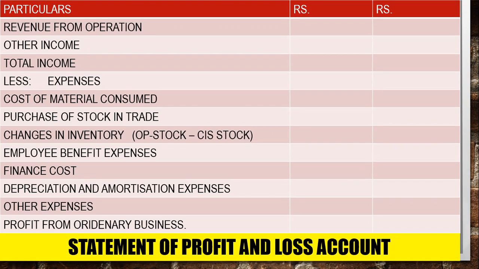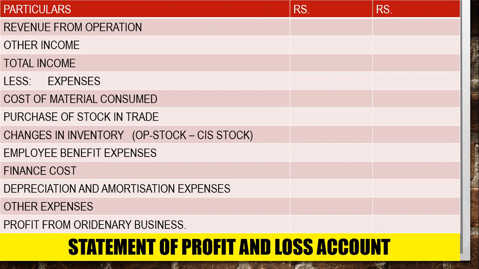Revenue from operation, you can write here like the sales amount, whatever the turnover of your company. And if you're earning other income other than sales, you can write it under other income. Revenue from operation means sales.